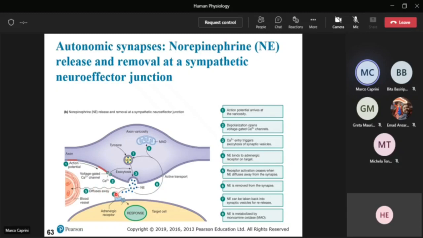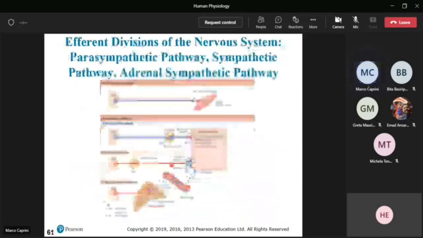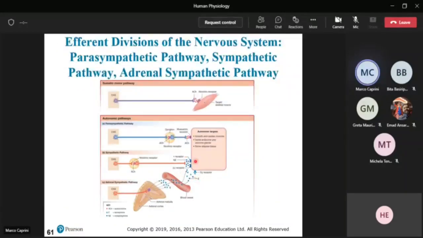This is just an example for the sympathetic pathway, because norepinephrine is released here. In the parasympathetic pathway, the postganglionic neurotransmitter is acetylcholine on top of muscarinic receptors.